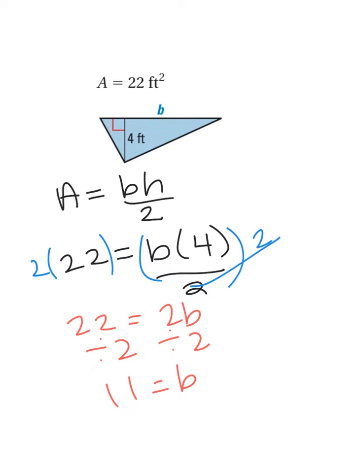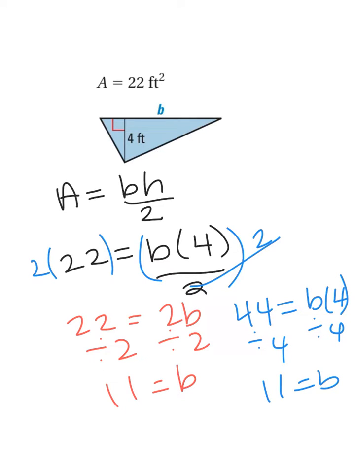And 22 times 2 is going to give me 44 is equal to b times 4. I would divide by 4. And I would still get 11 is equal to the base. So I personally think that if you can do it this way, it's probably easier for you if the numbers are easily divisible.